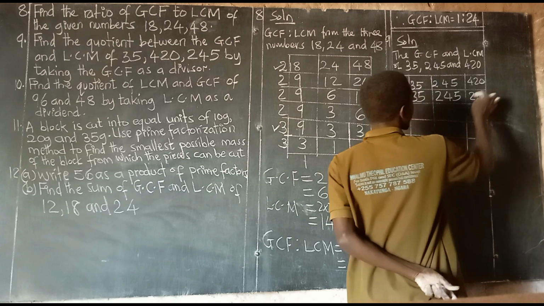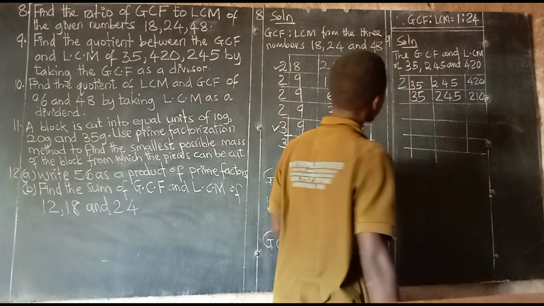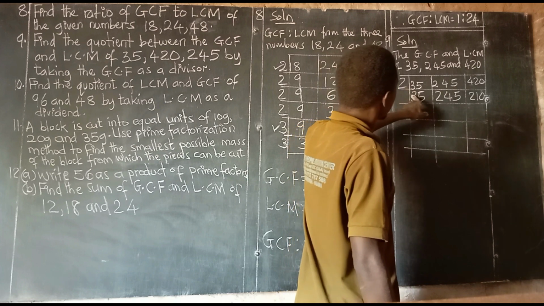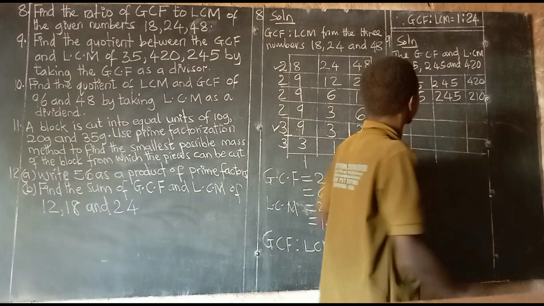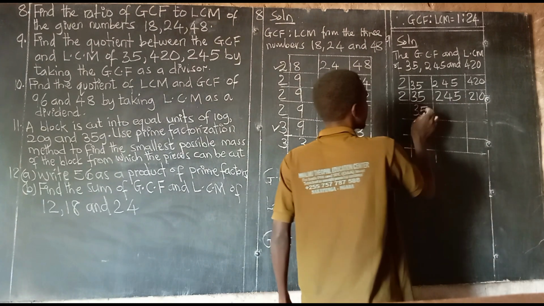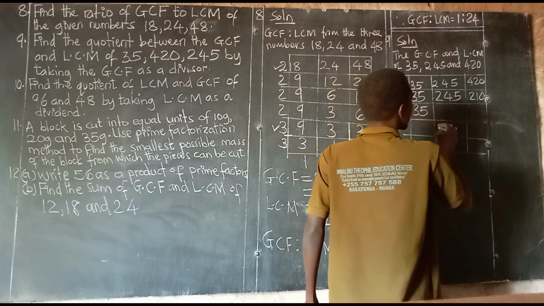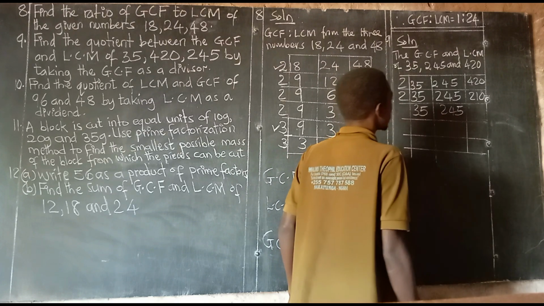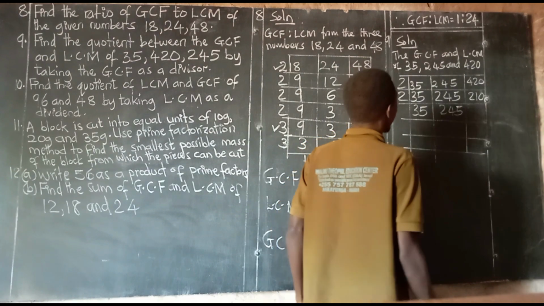Again, just look, can 2 still be used? Yes, you can use 2 because 210 is still divisible completely. So 35 is not divisible, so it stays 35. 245, we write it as it is, not divisible completely by 2.